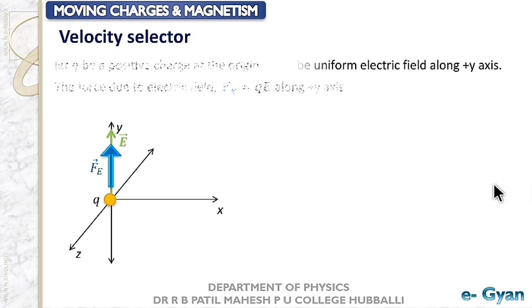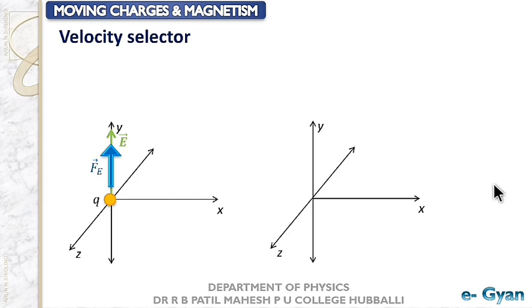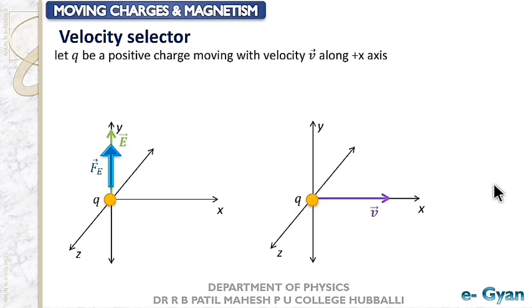Now further, if I take the same thing for magnetic field, I'll take a positive charge at the origin, and keep the charge in motion, having a velocity along the x-axis.